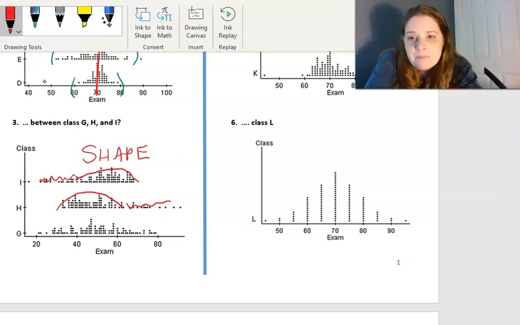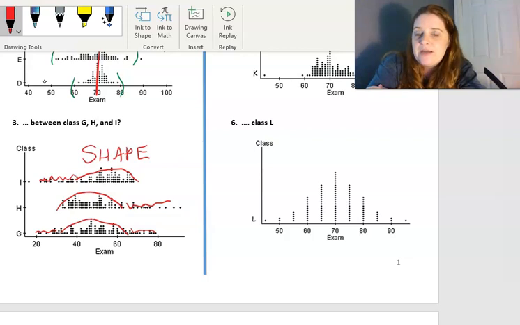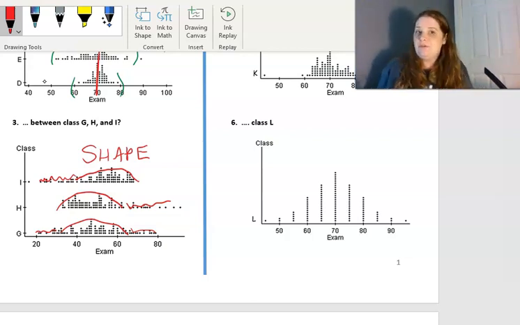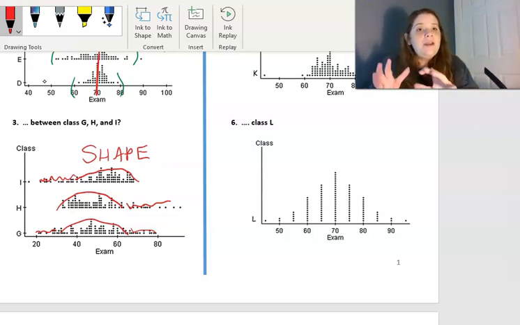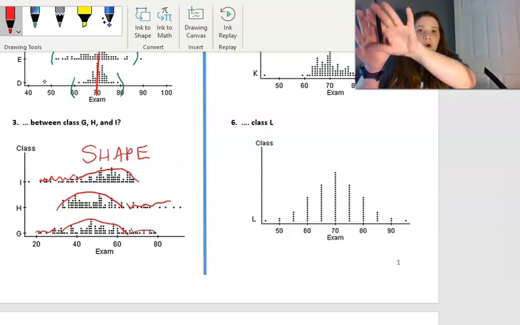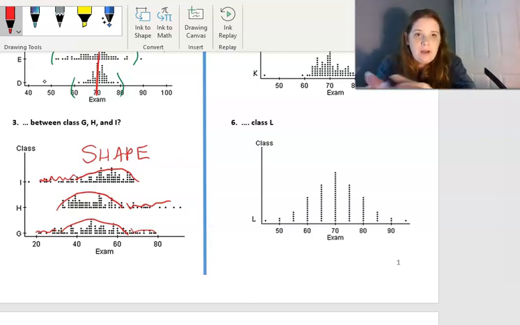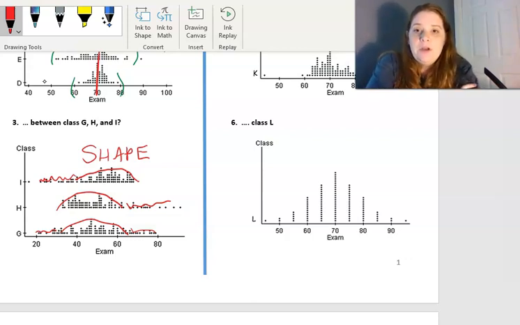Down here at the bottom, class G, you have a lot of values in the center, and it trickles off on both sides. So the shape of the graph is different. The way the points are molded around this graph gives us this varied shape. Now, we'll talk about the words for that in a second.